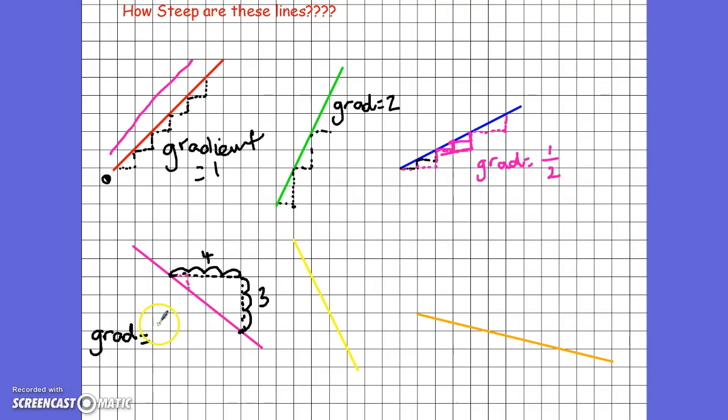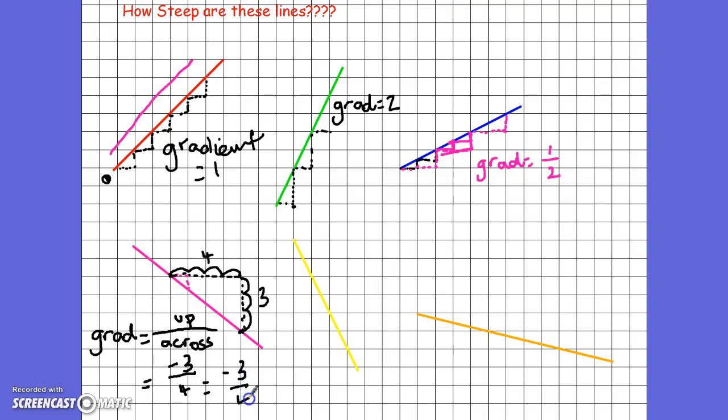Now what we do for our equation is we go how far across, and we divide that into how far up or down we've gone. So if you have a look here, we've gone across 4, and instead of going up, we've actually gone down, so we make that minus 3/4.